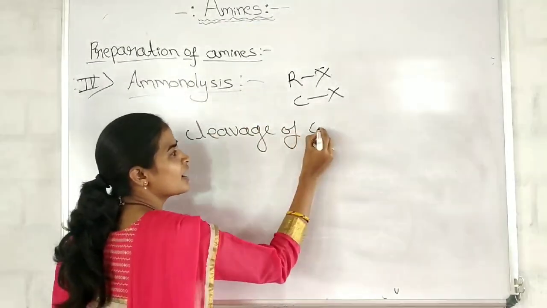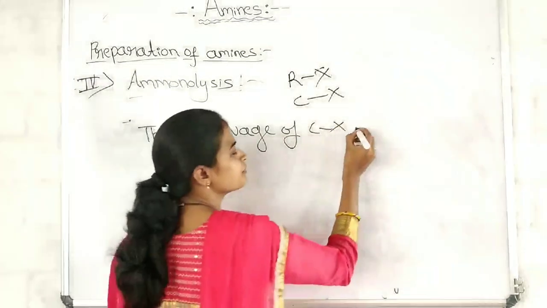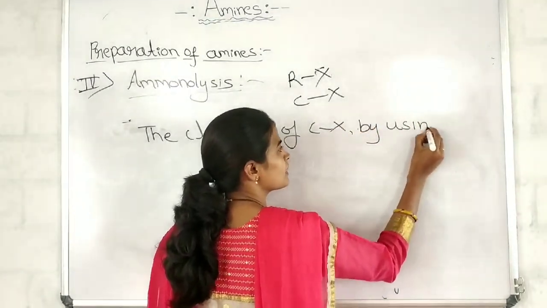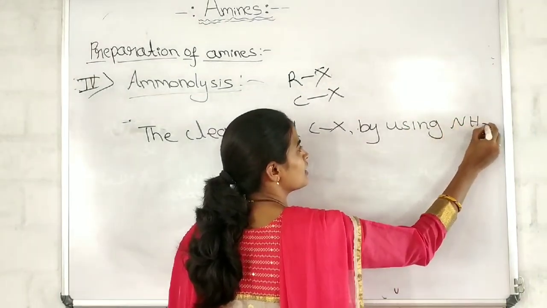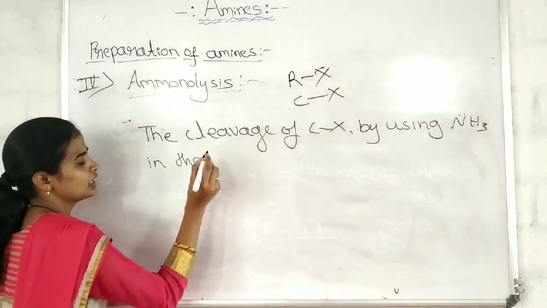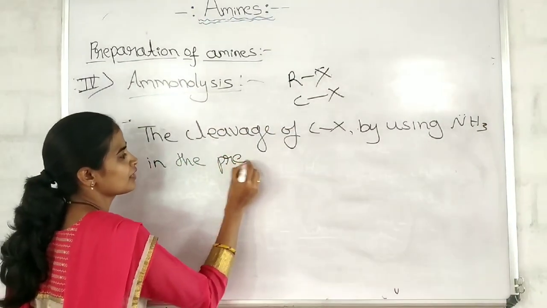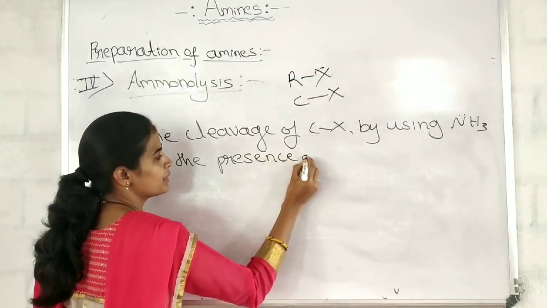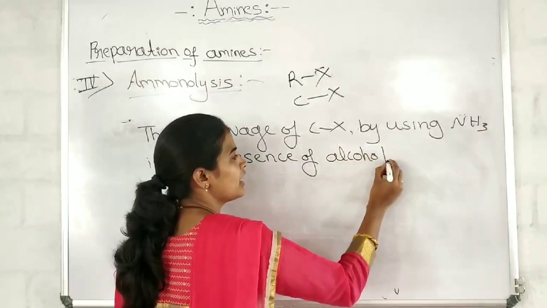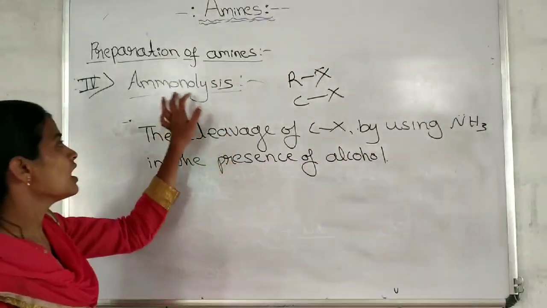The cleavage of carbon halogen bond by using ammonia in the presence of ethyl alcohol is called ammonolysis.